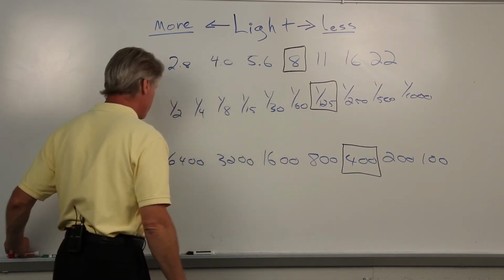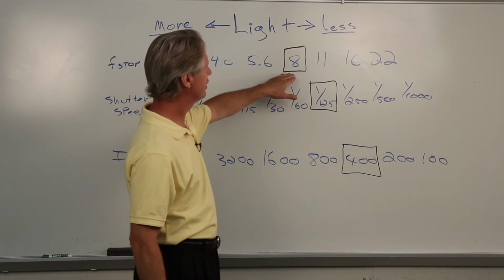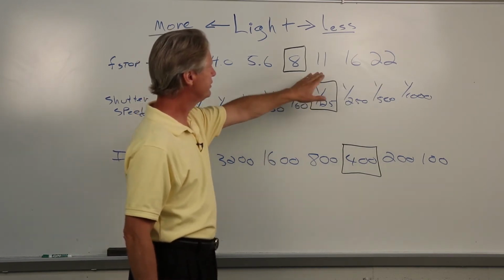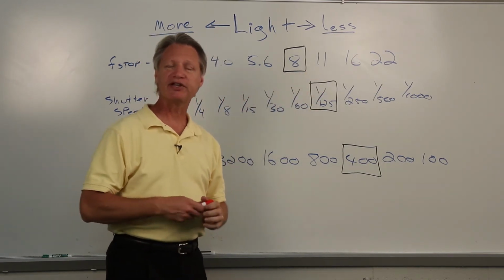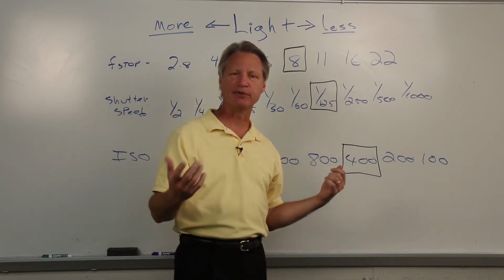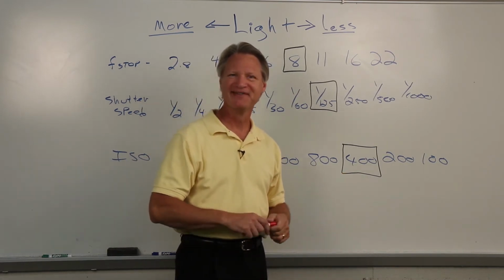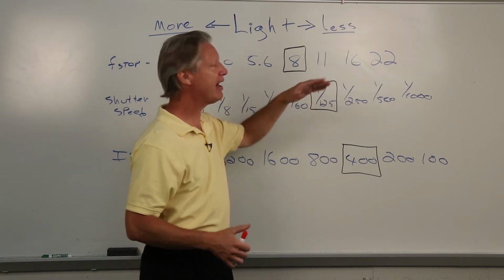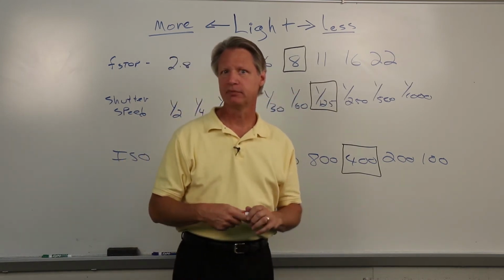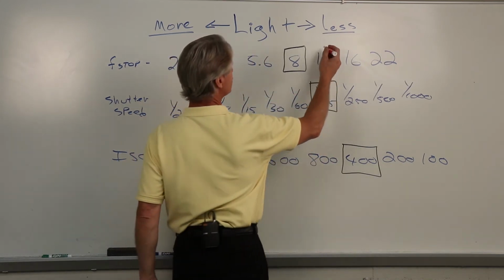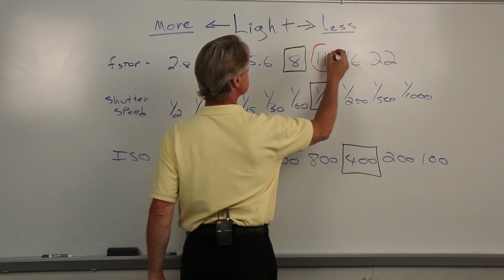But let's say we want to change our f-stop to f11. Or let's say I tell you, because I'm your teacher and I can tell you what to do, that your f-stop needs to be f11. So I'm going to circle f11.